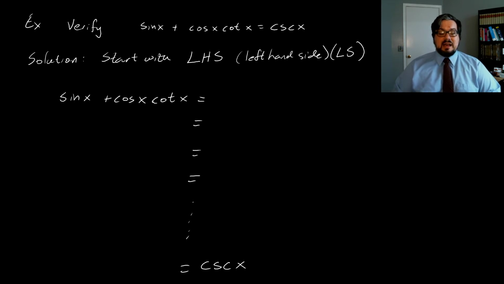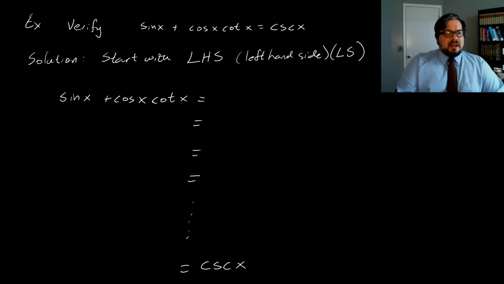For the first couple of examples, I'll make sure to specify what kind of identity we're using as we go from one step to the next. This is not strictly necessary to verify an identity, but it is a good habit to get into to make sure that you are using the identities properly.